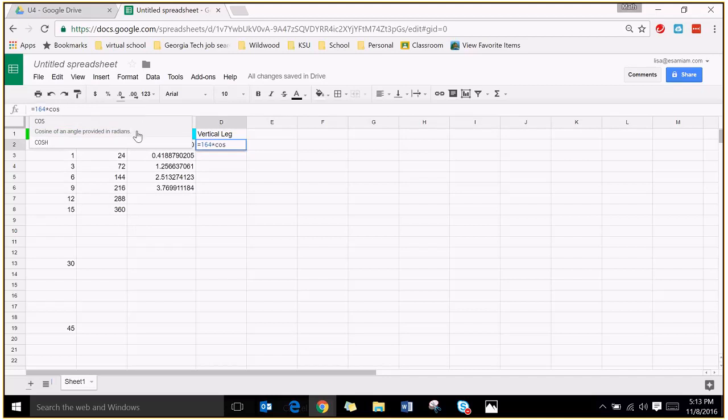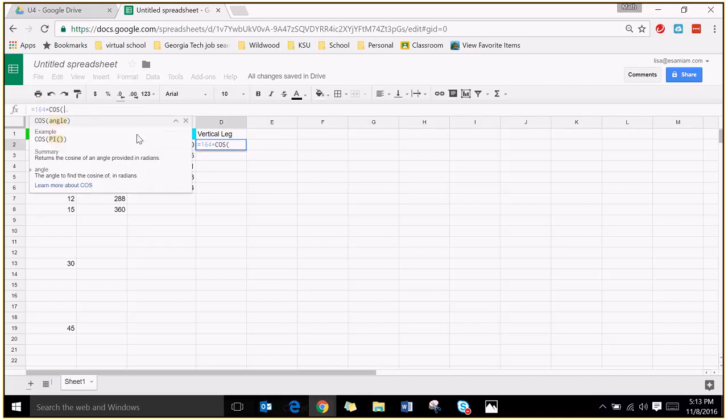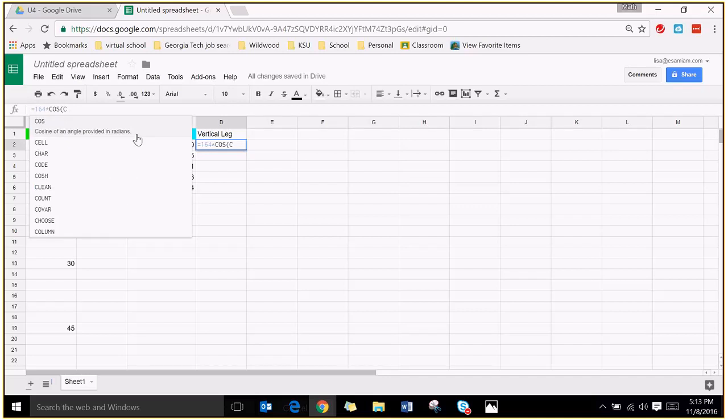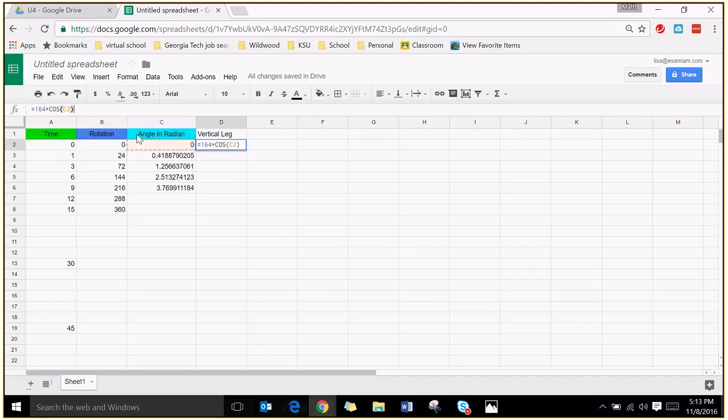Cosine comes up, and now my angle is in C2. And then I cut and paste. Your radius was 162? My radius 164. 164, okay, yes. So I do 164 times cosine, and then everything in C2.